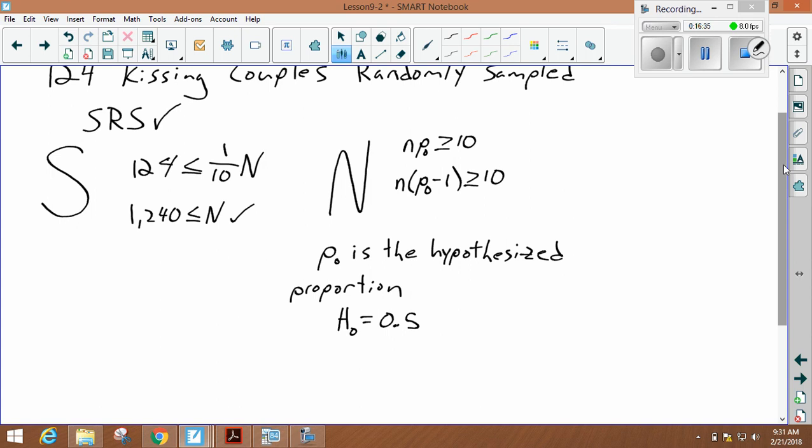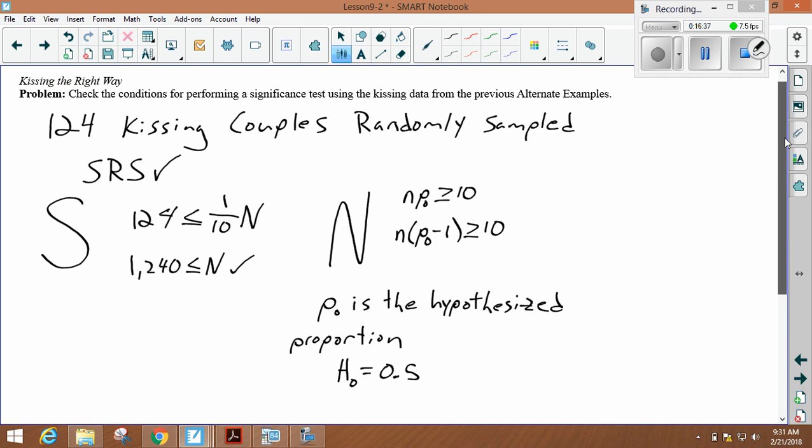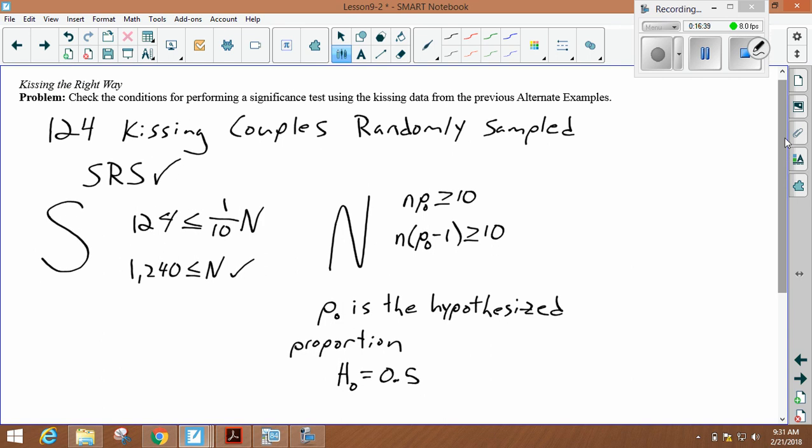So we're checking for our hypothesized value. So we will check 124 times 0.5, and that checks.